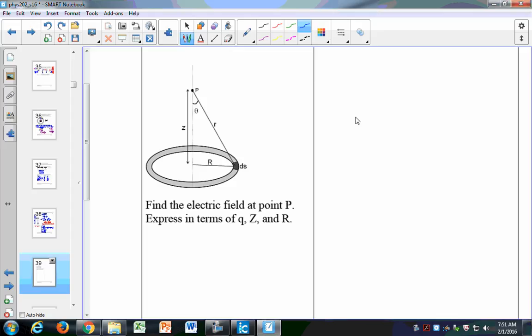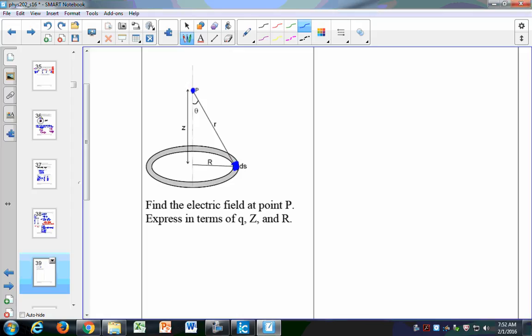But here I want to find the electric field at point P, and I want to express it in terms of Q, which is the total charge on the ring, Z, which is the distance above the ring, and R, which is the radius of the ring. First thing we want to do is consider our differential element. I've already shaded it in right here.